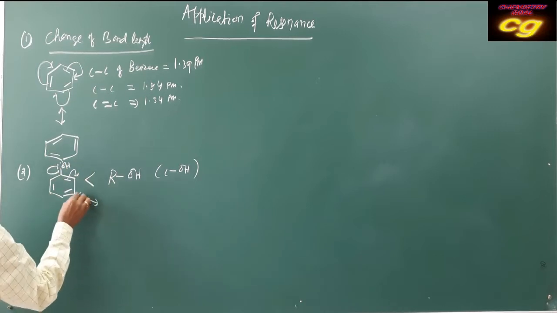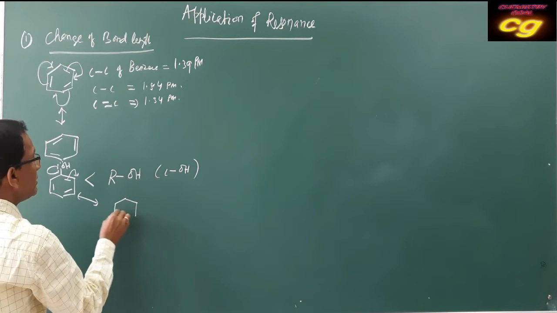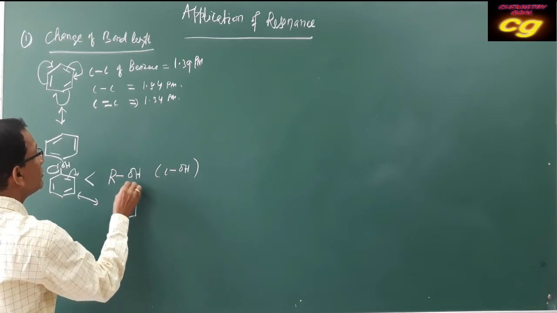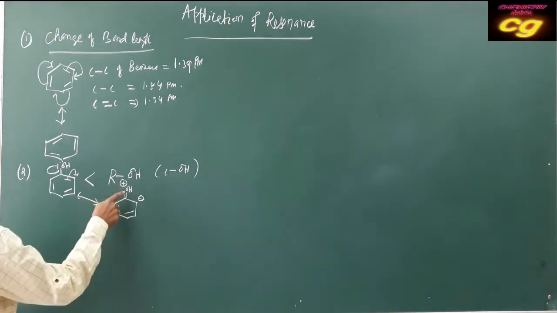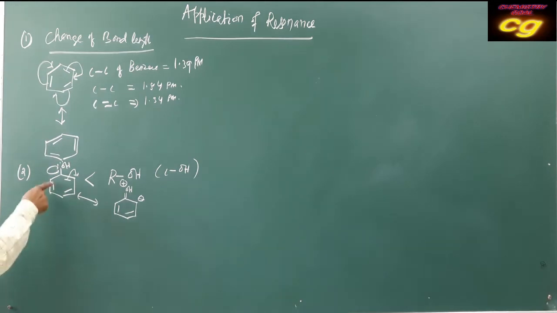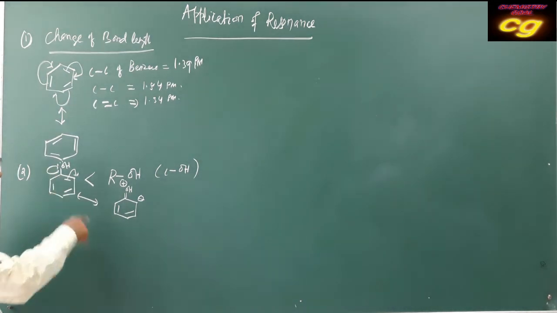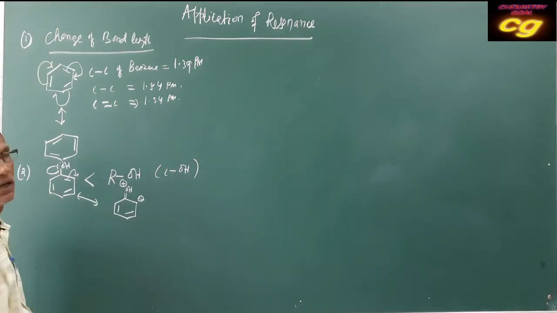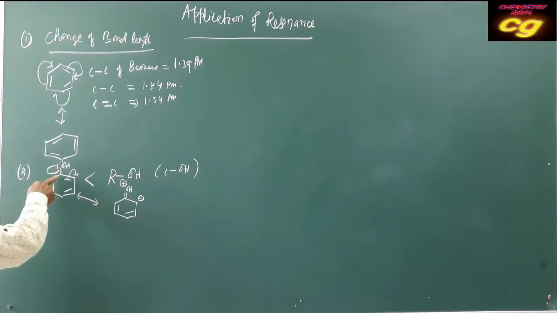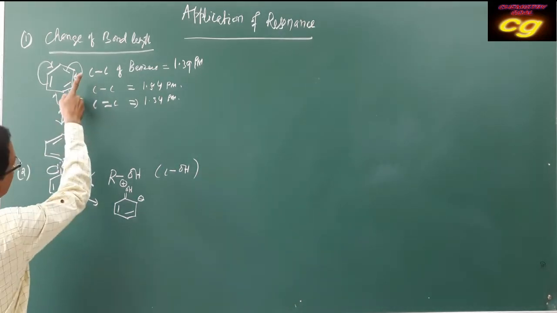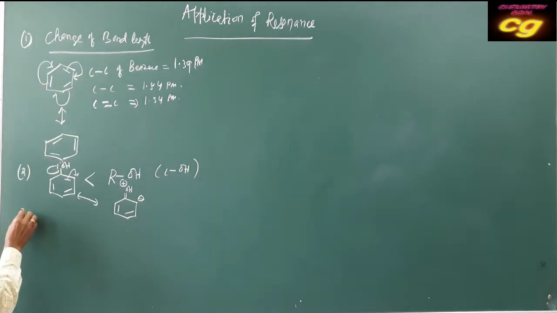In the resonance structure, there is now double bond character between C and O. As C-O becomes double bond character in phenol, the C-O bond length of phenol is shorter than alcohol, because alcohol has no resonance. Due to resonance, double bond character is formed, and that's why the bond length decreases. So this is regarding the bond length of some compounds.